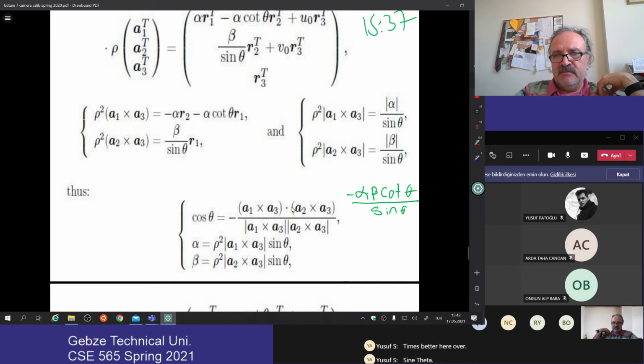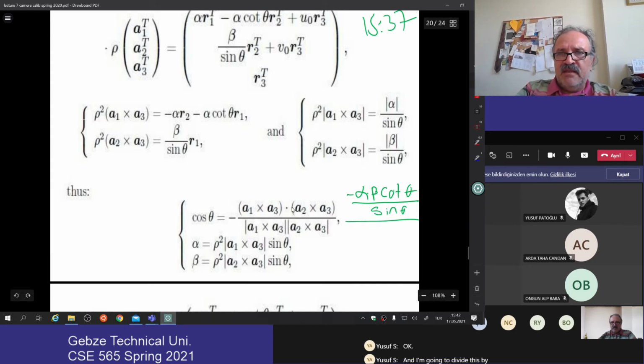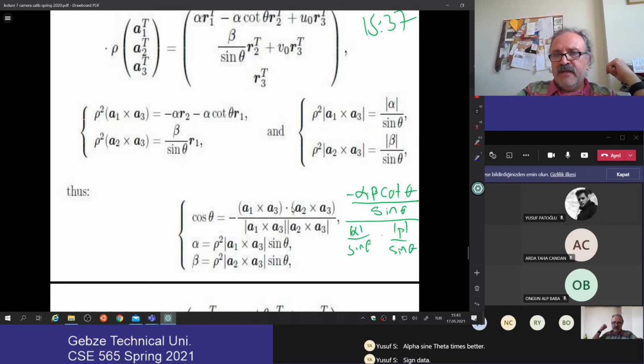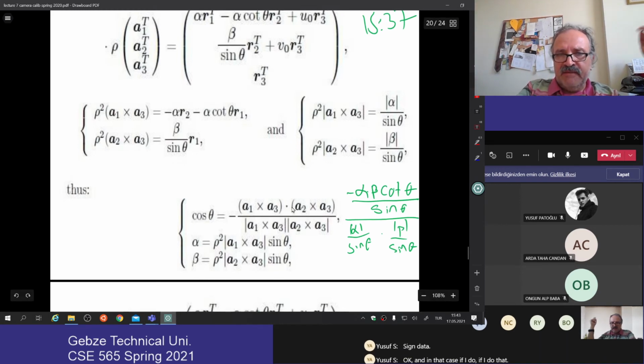And I'm going to divide this by these two, alpha sine theta times beta sine theta. In that case, I would get the cosine theta.